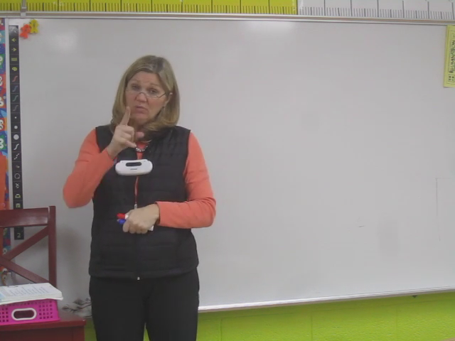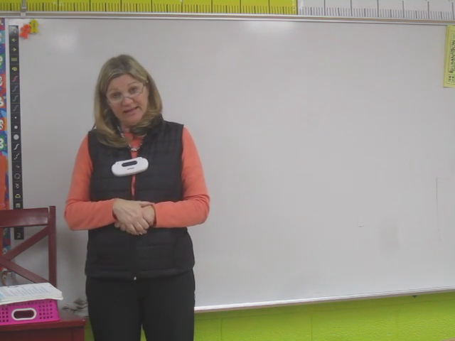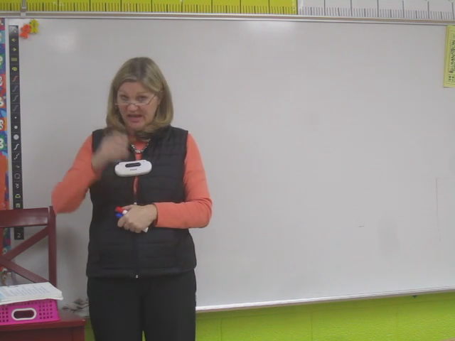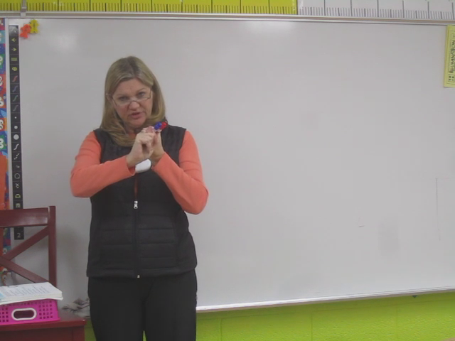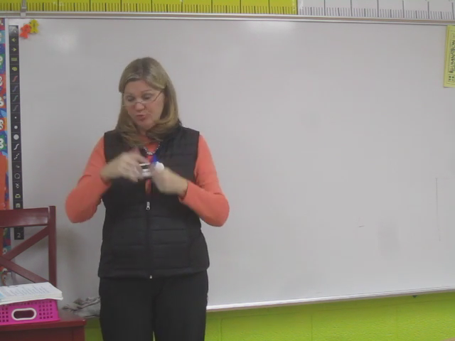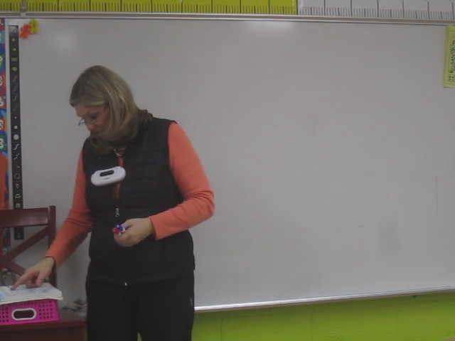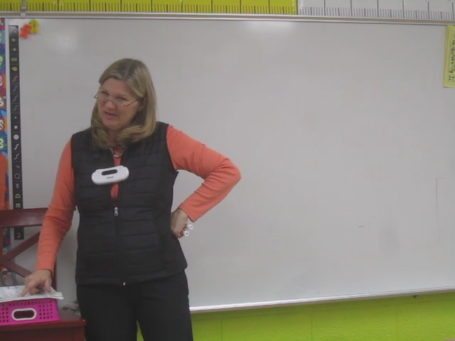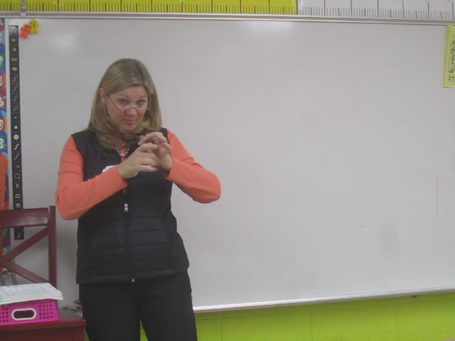If your book does not have all of the clauses lettered, please letter them, starting with A, and it's going to go all the way down to J. I think we have them all done though. So you have to figure out which two clauses go together and then put them in order. So for instance, the first one is because Owen wanted the ball, and it's a little sneaky thing here. Notice that because is capitalized. So that's a hint to me. That's going to be the beginning part of the sentence.